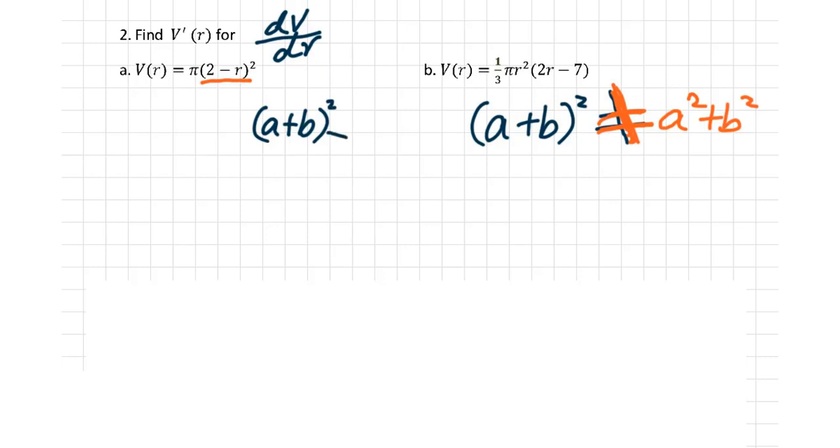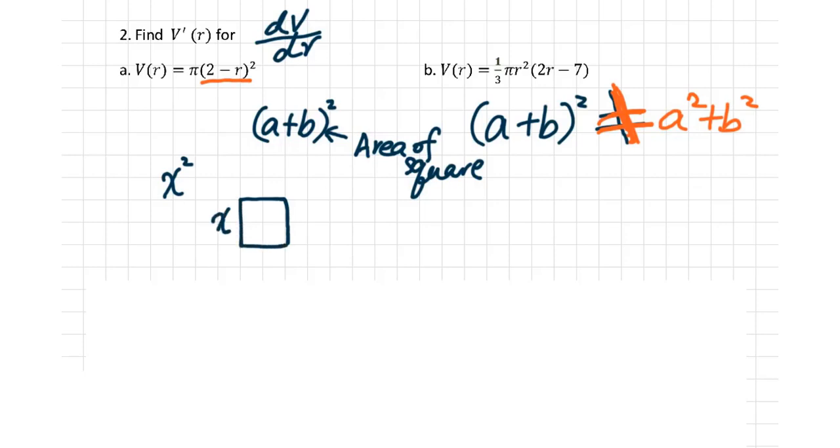Basically, this means we have the area of a square. Think about x squared. That means I have this square, and we know this side is x. Then this area will be x squared.